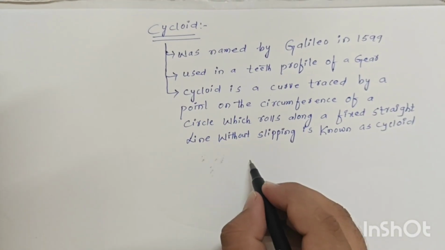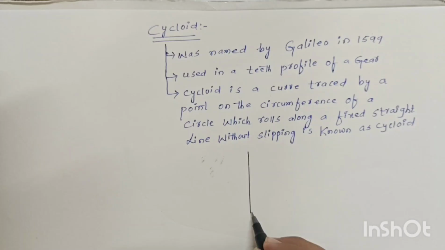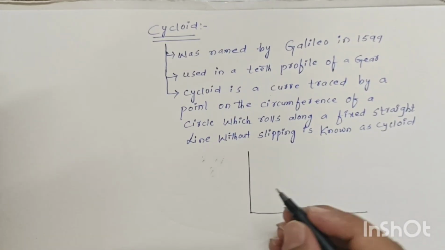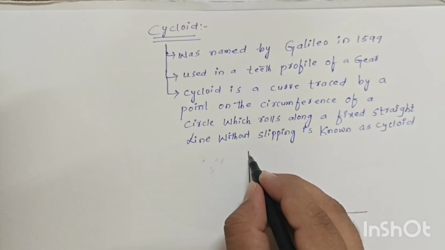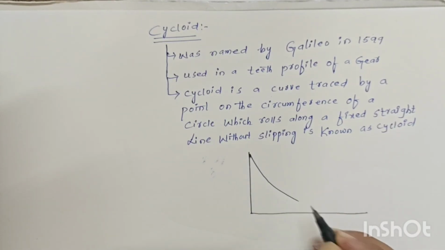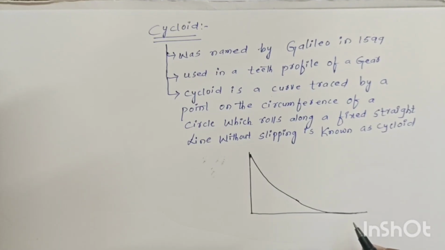Let us see. Okay, this is the vertical wall. Here is one horizontal surface. What I'm doing over here, I'm using one curve. Clear?